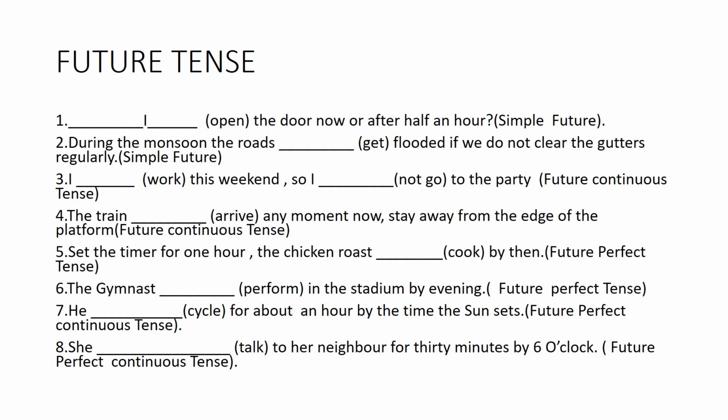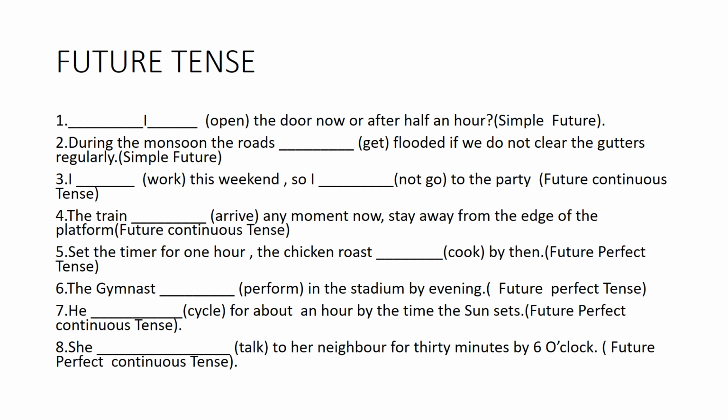Third example, future continuous: I shall be working. The rule is if the subject is I or we, we use shall be plus ing. If the subject is you, he, she, it, they, use will be plus ing.